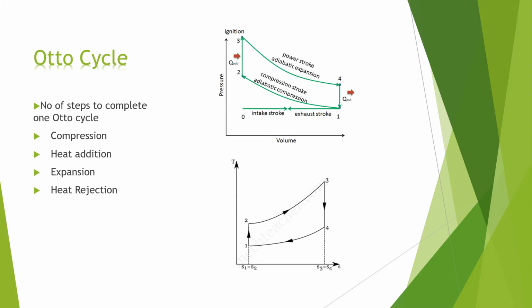In an Otto cycle, it has four steps: compression of the gas, heat addition to the gas, expansion of the gas due to heat addition, and rejection of heat from the gases to surroundings.